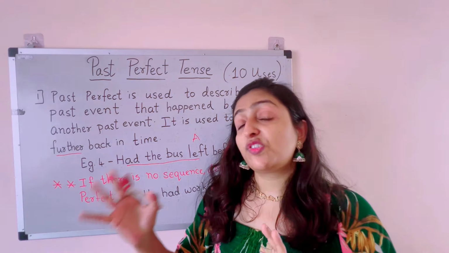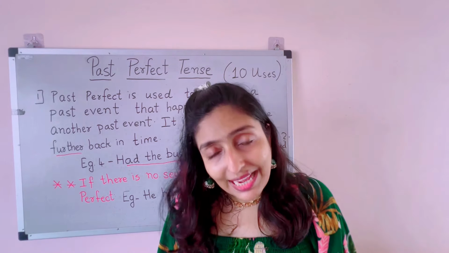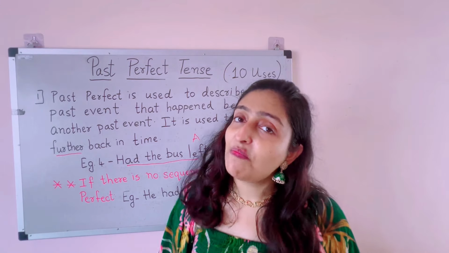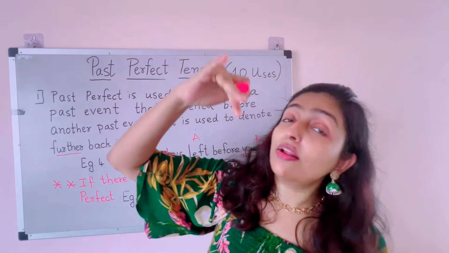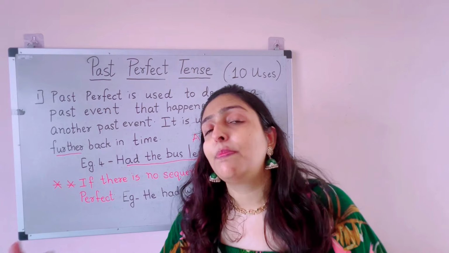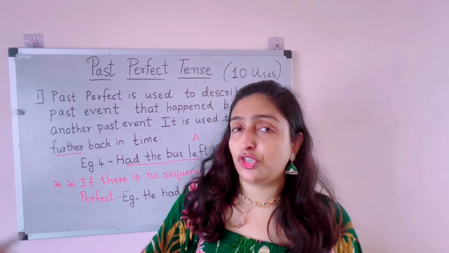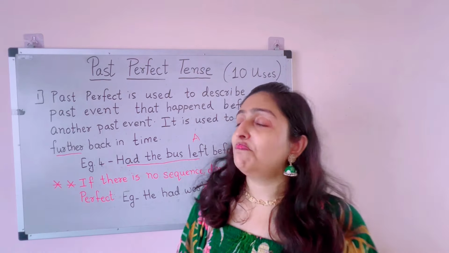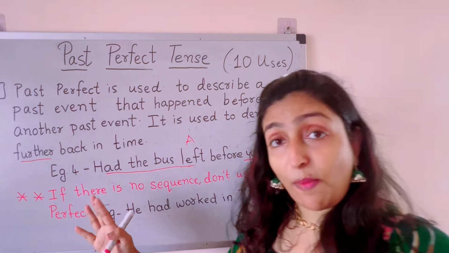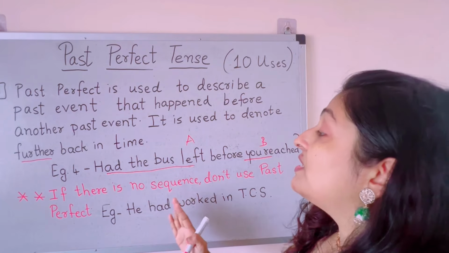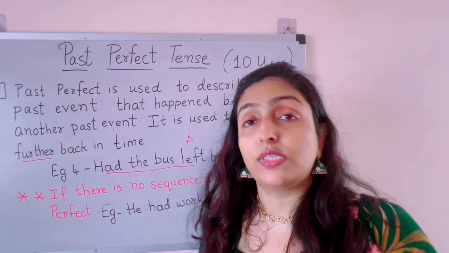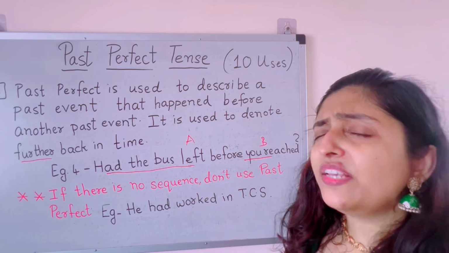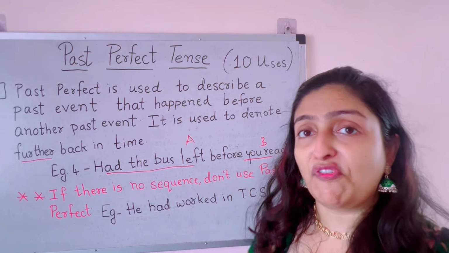So the sequence of events becomes clearer when we use past perfect for the earlier action and simple past for the next action that happens after past perfect. Here there is something important. If there is no sequence, then please do not use past perfect.